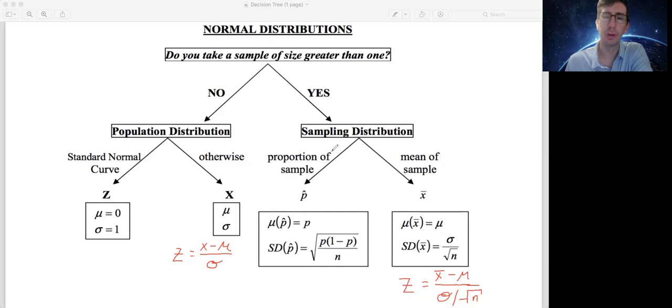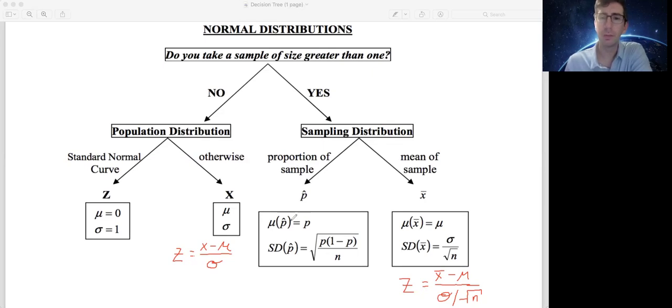Oftentimes the question should just state it: what's the probability that the proportion of your sample that has green eyes is 0.75? So we're talking in terms of p hats, sample proportions. Talking about a sampling distribution of our sample proportions.